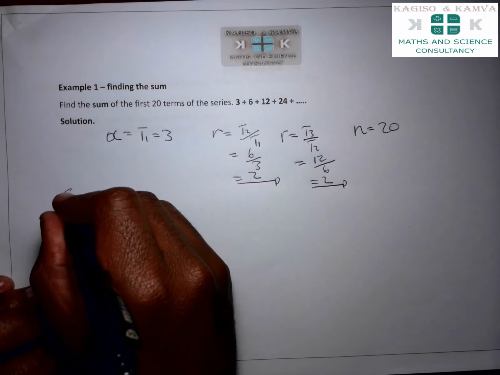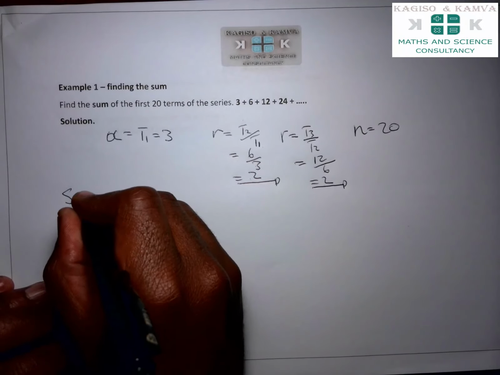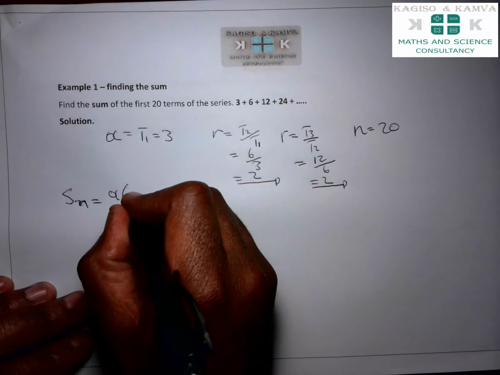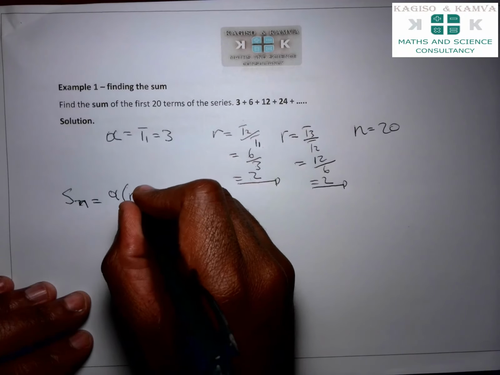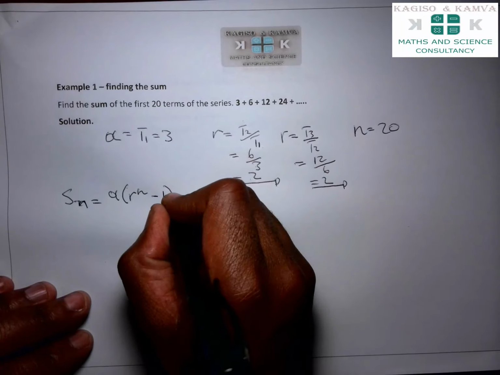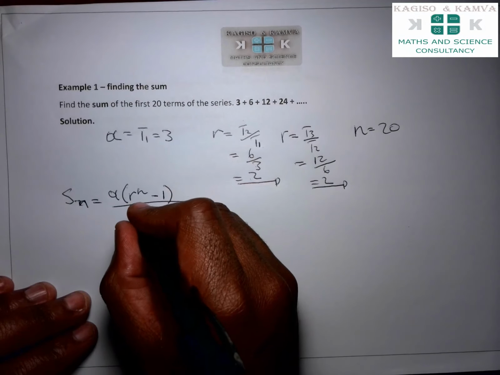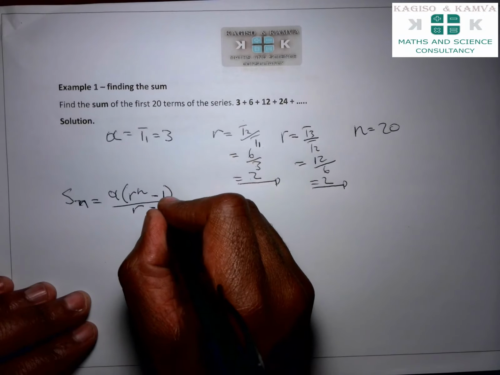That will be Sn is equal to a times r to the n minus 1, all over r minus 1.